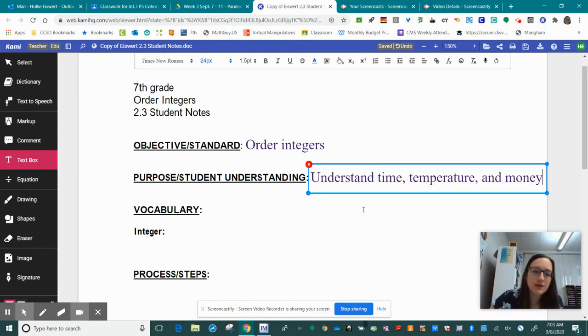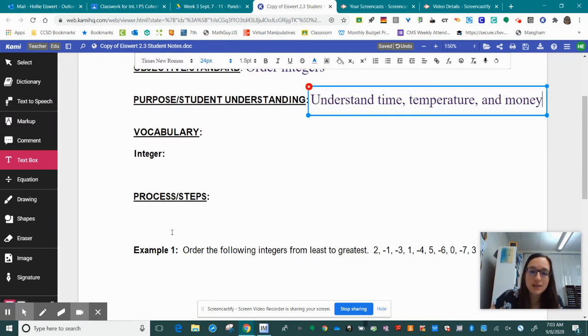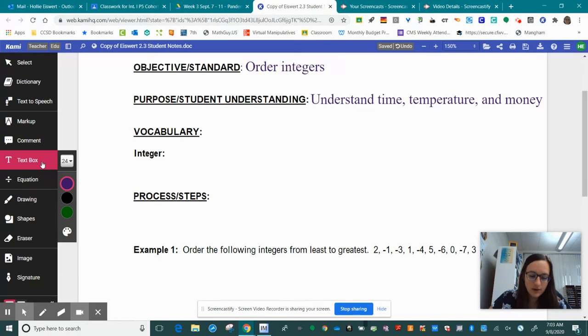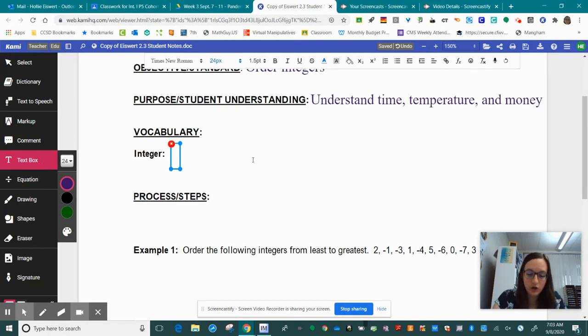So our vocabulary, well, first we need to remember what an integer is. And we've been talking a little bit about integers throughout this time here. So integers are the whole numbers. So any type of whole number, like 1, 2, 3, 4, 5, 6. Not 6.5.